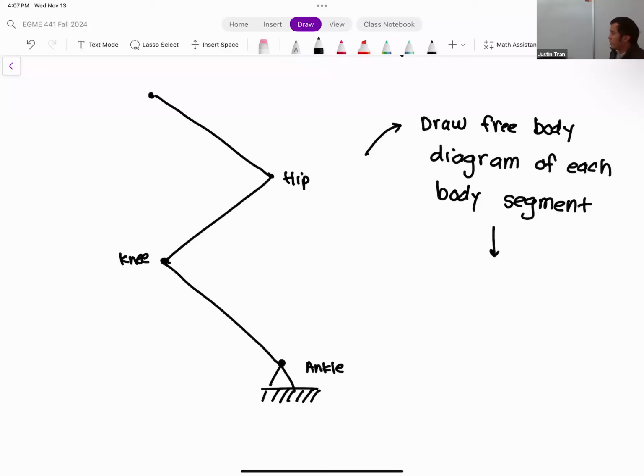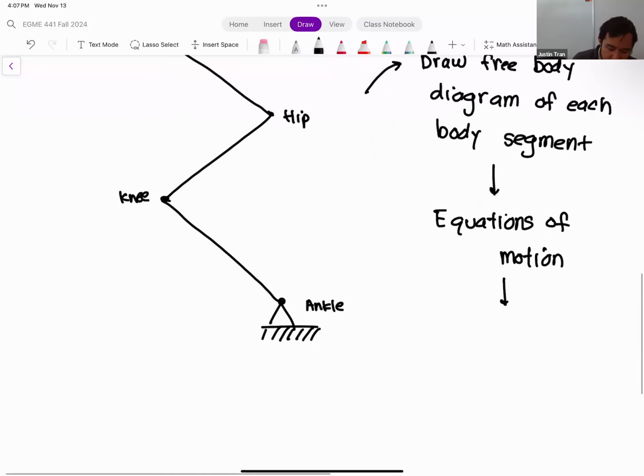Then through this free body diagram analysis, we're able to write out the equations of motion. And from the equations of motion, we're going to be able to compute the net forces at each of the joints. We have 3 joints here.